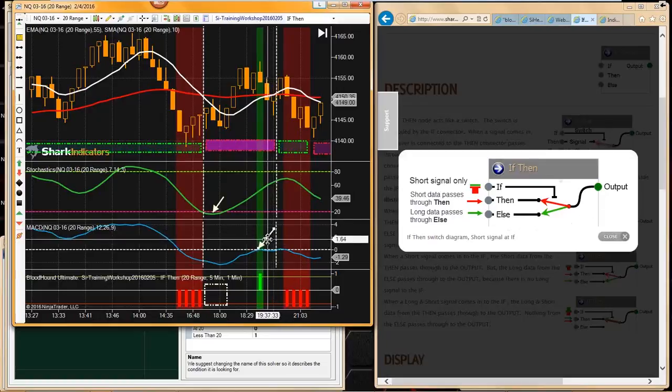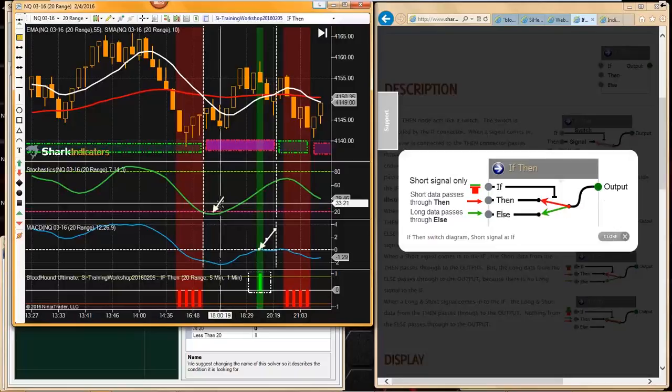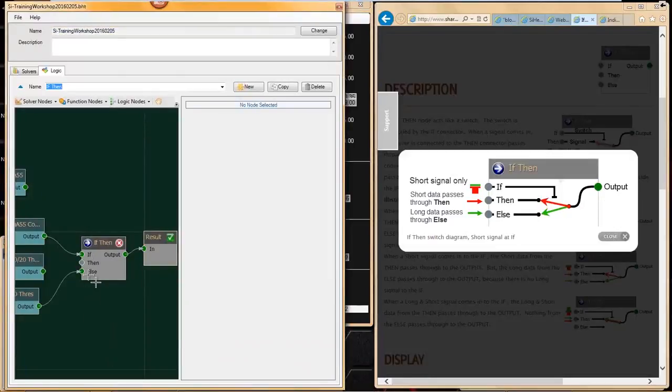So that's why this long signal here is coming from the MACD. Remember, because the MACD is what's connected to the else. And short signals from then are getting piped through to the output. But remember, we disconnected then, so there's nothing going to get through.